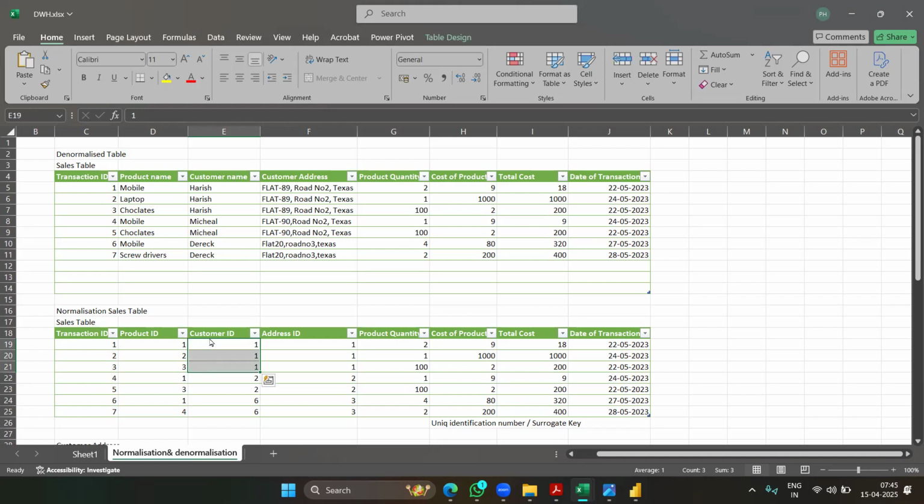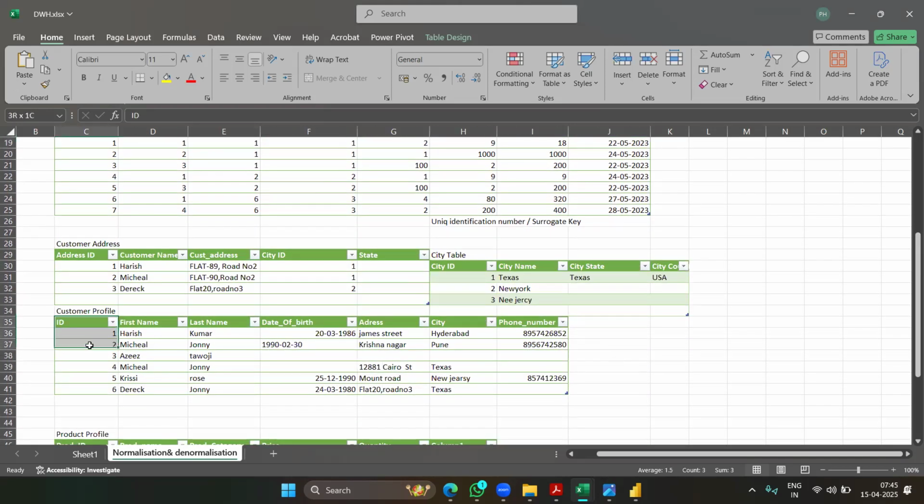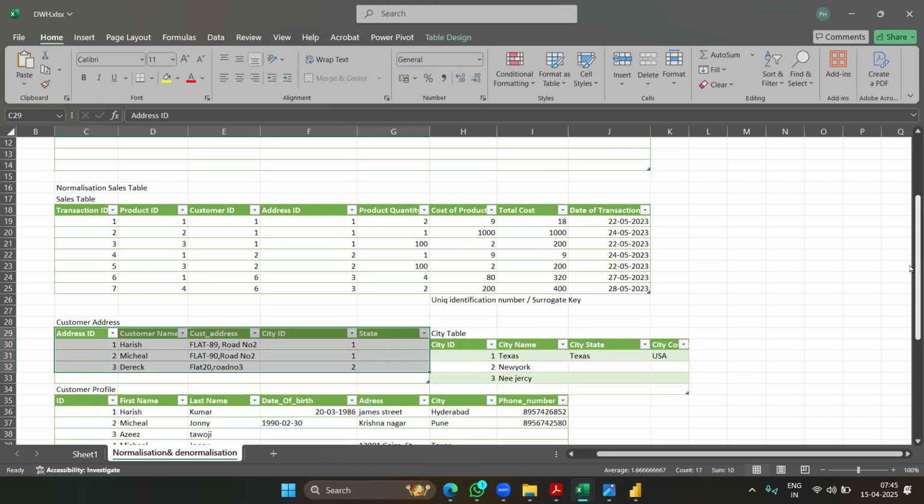We also call these foreign keys. So in the sales table, these are acting as foreign keys. That means each foreign key has a unique reference in its respective primary key table, right? So the concept of loading the data into multiple tables by logically segregating them is called normalization.